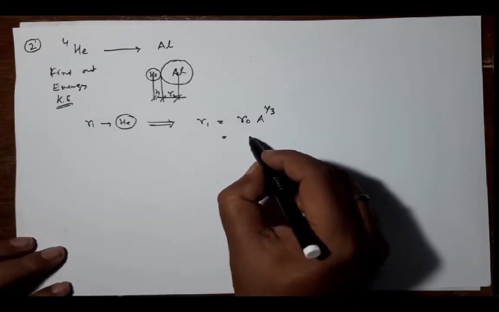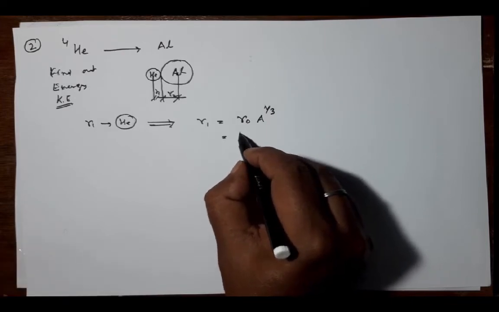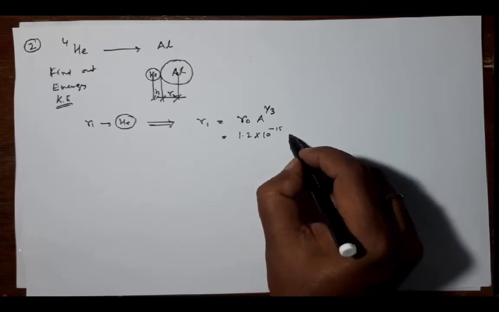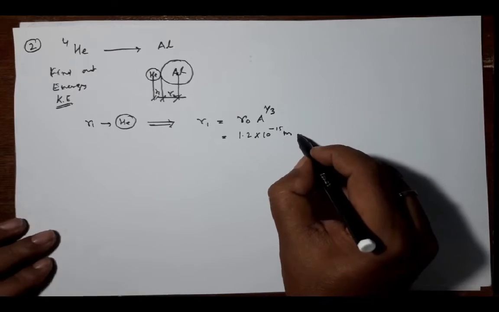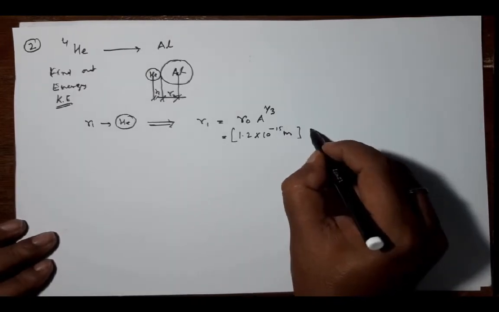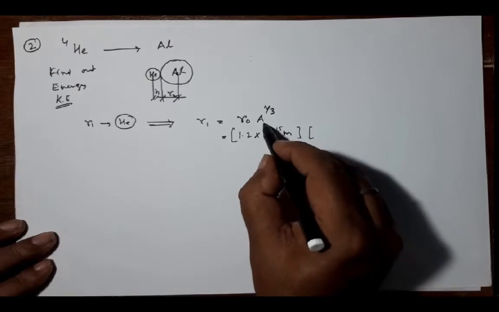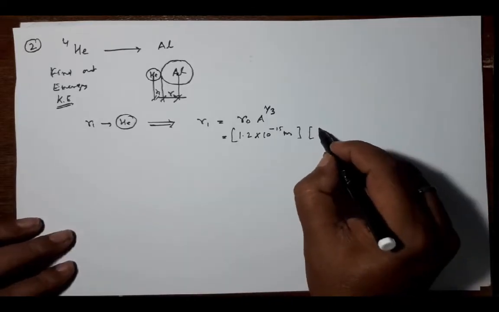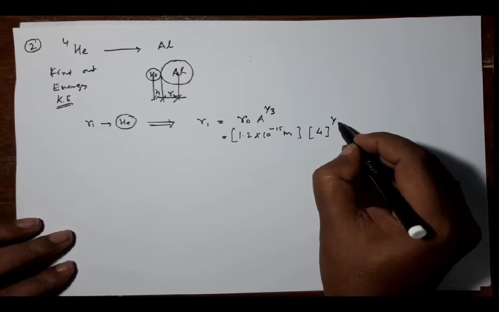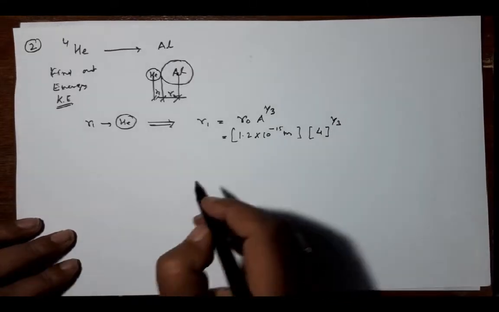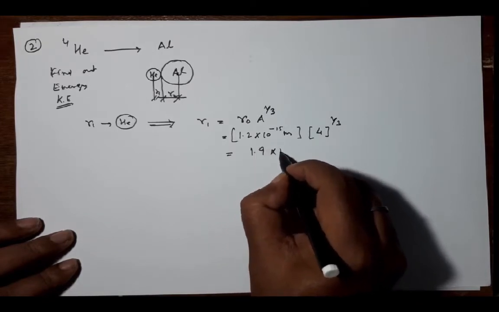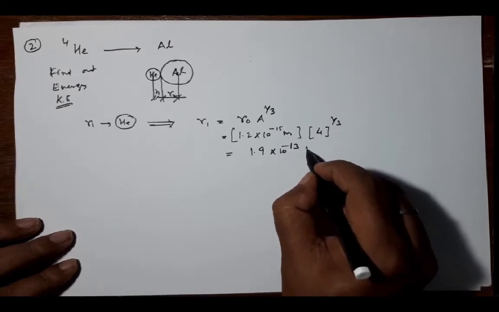Here R0 is a constant, and that is 1.2 into 10 raised to minus 15 meter. And A is nothing but the mass number of helium, and this we can write as 4, raised to 1 by 3. So R1 is nothing but 1.9 into 10 raised to minus 15 meter.